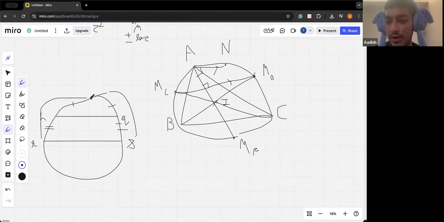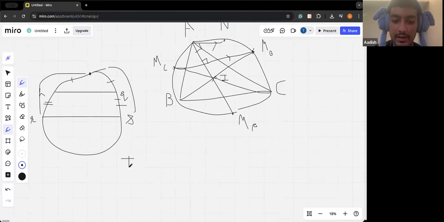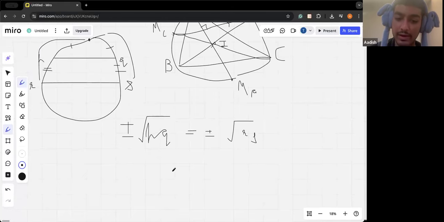So they have the same arc midpoint. Hence plus minus square root of PQ equals plus minus square root of RS, or PQ equals RS. This is the condition for two chords in a circle being parallel.